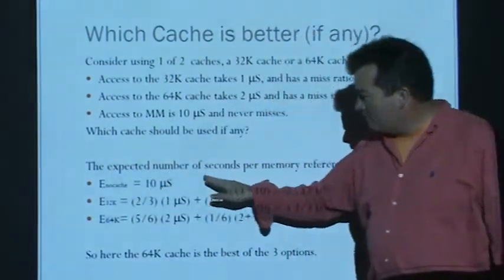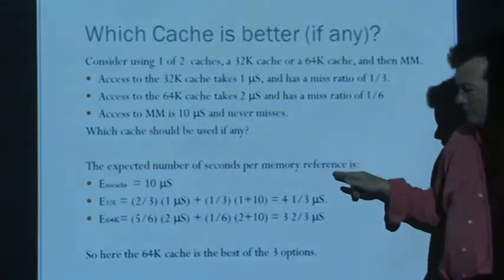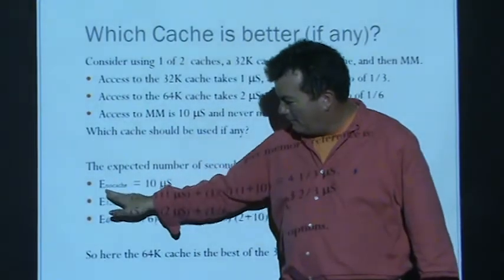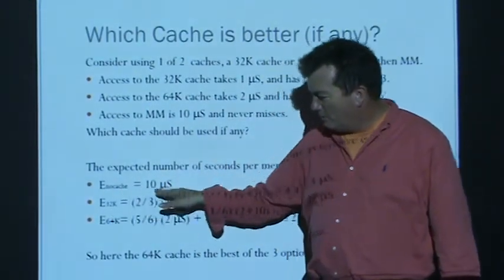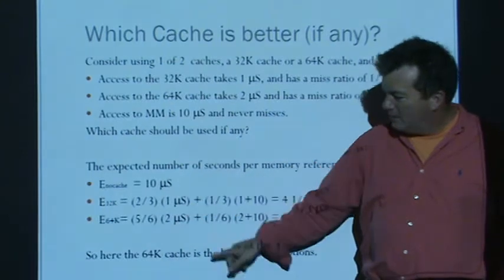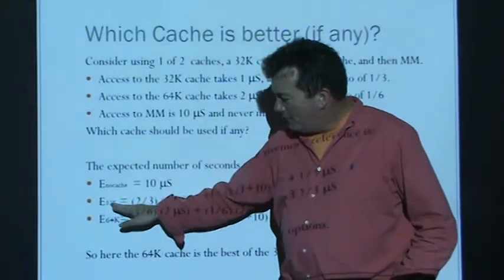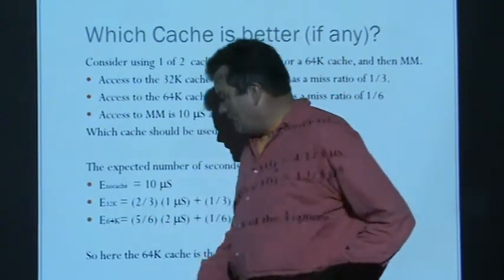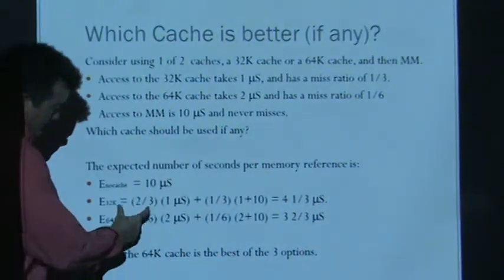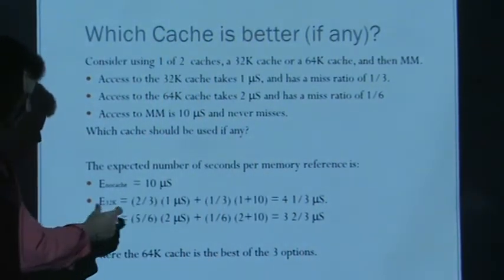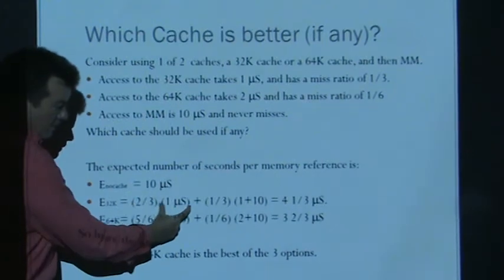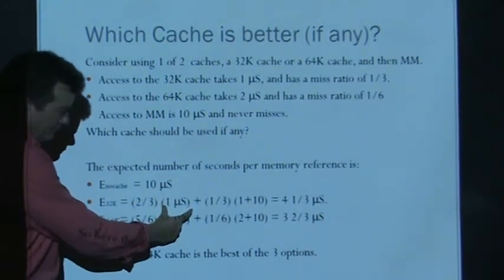So the expected number of nanoseconds per memory reference, the expected number E, if there's no cache, we're told, is 10 nanoseconds. But if we use the 32K cache, then 2/3 of the time, what we're looking for is in the 32K cache. So 2/3 of the time, it'll take 1 nanosecond to read from memory.